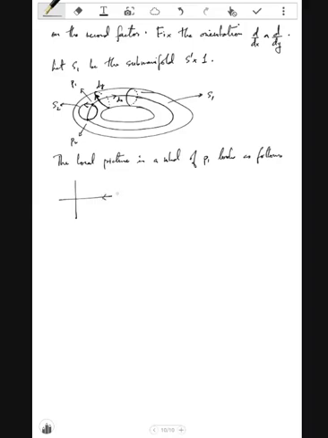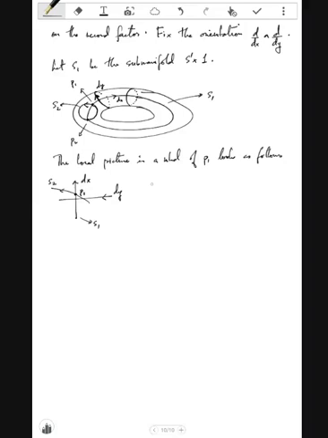So this is dy, this is dx, this is S1, and this is S2. This is the point P1.